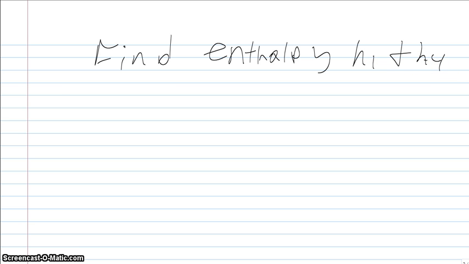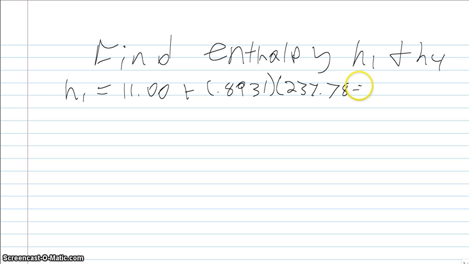So, H1 equals quality times 237.78 minus 11.0. And that equals 213.54 kilojoules per kilogram.